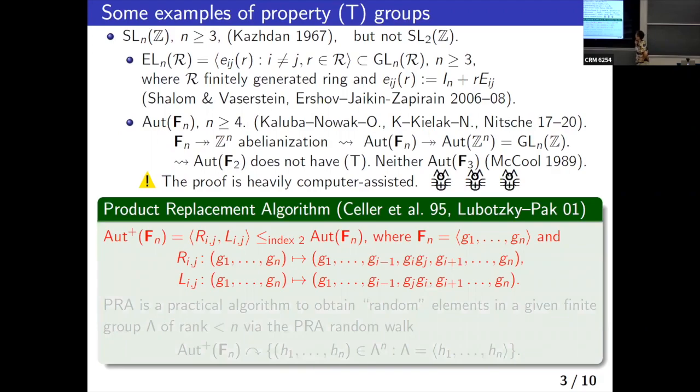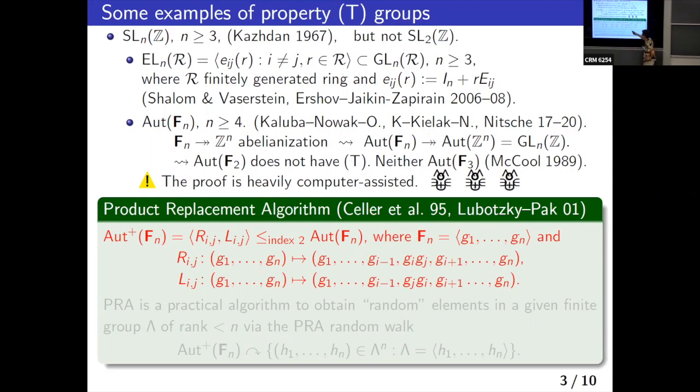So the application of this Aut Fn result is in computer science or computational group theory. That's the product replacement algorithm. For Aut Fn, I take the SAut, the determinant 1 case, which means it's the inverse image of SL2Z or SLnZ, which by Nielsen's theorem is generated by right transvections and left transvections.